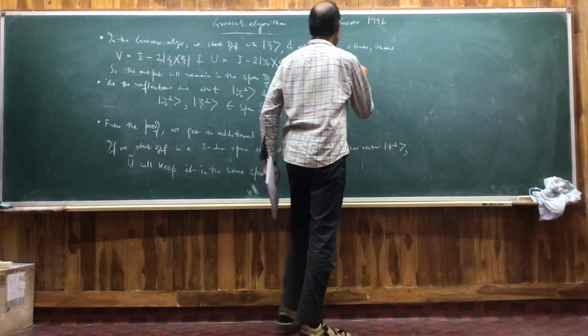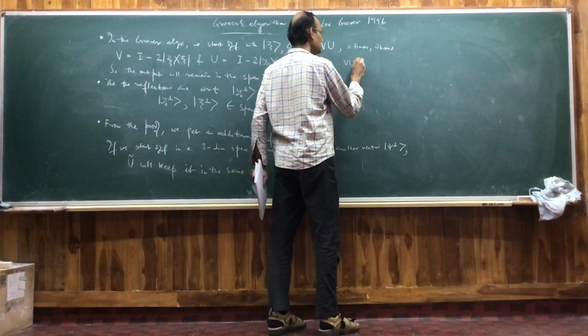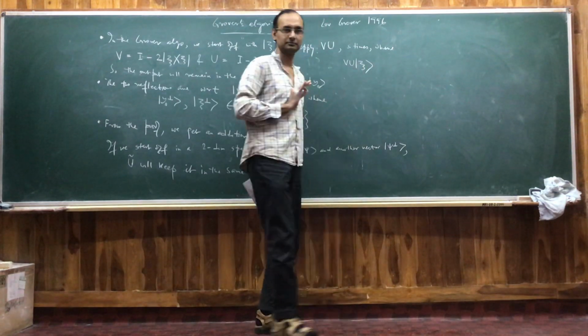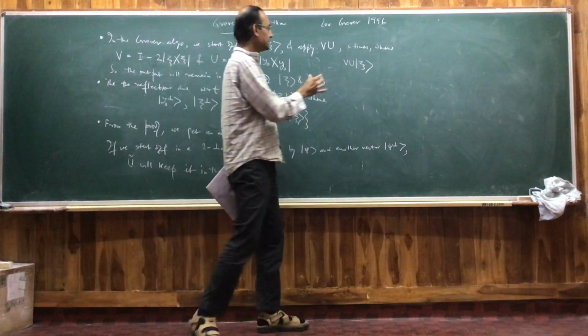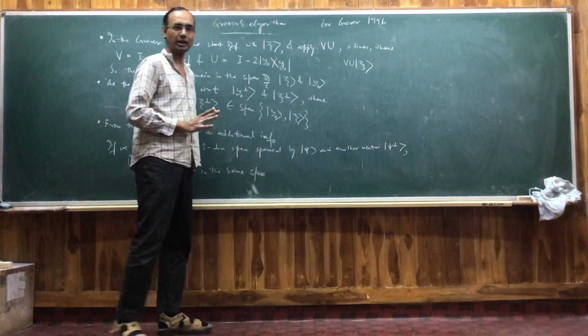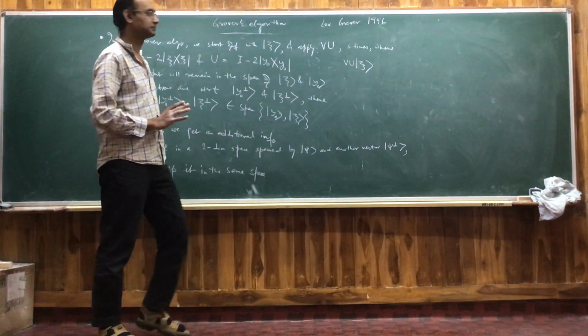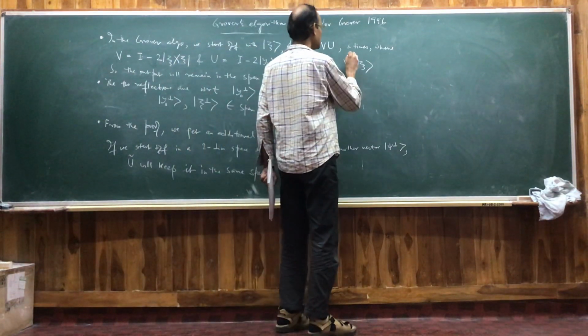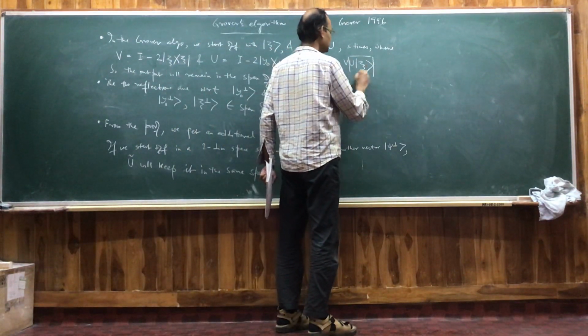We want to find V U xi. And we want to show that this thing remains in the span of y naught and xi. Fine. So let us consider it one by one. First consider this thing.